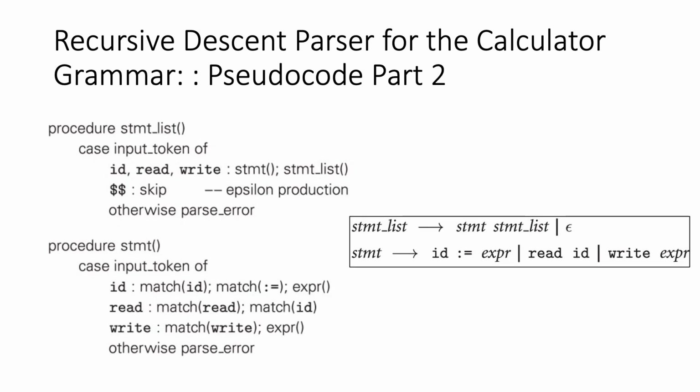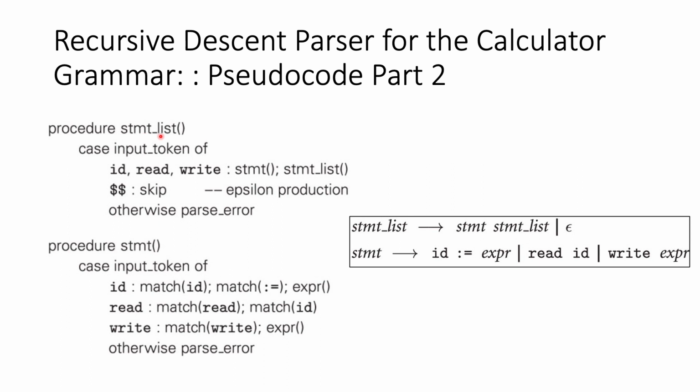The second part of the recursive descent parser for the calculator grammar consists of routines for the non-terminals STMT list and STMT, which stand for statement list and statement respectively.